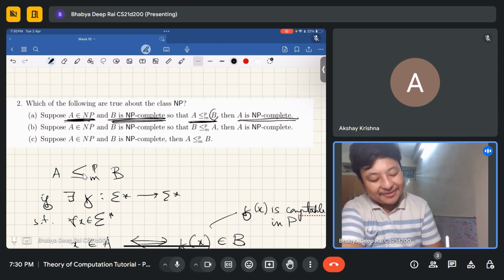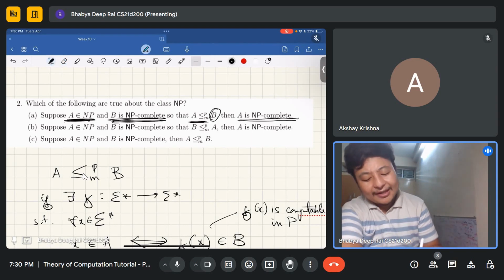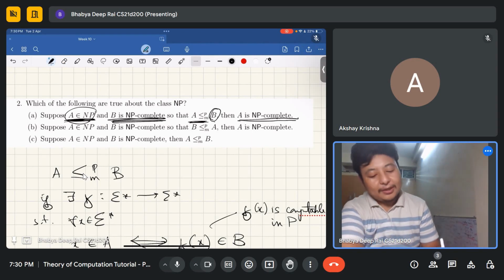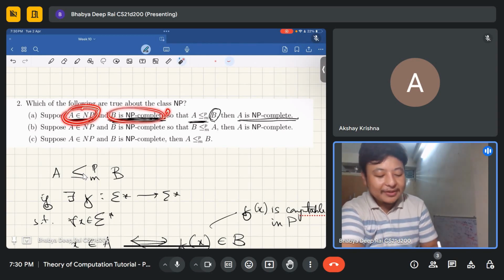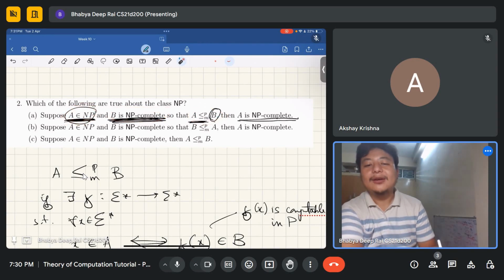Because B is NP complete, and A is in NP. Oh, sorry, what am I saying? B is NP complete, and A is in NP already means that A reduces to B. But this does not mean that A is NP complete, right?